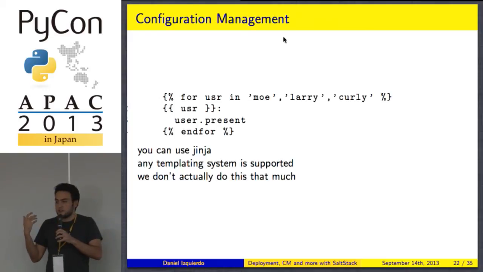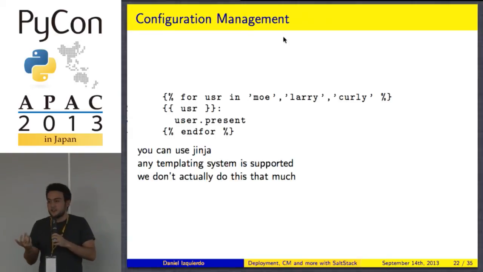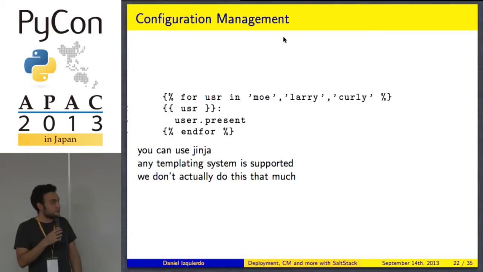I showed a couple of YAML files so far which specify my configuration. You can also, by default, use Jinja to programmatically build a configuration file, right? So this is an example from the Salt tutorial.